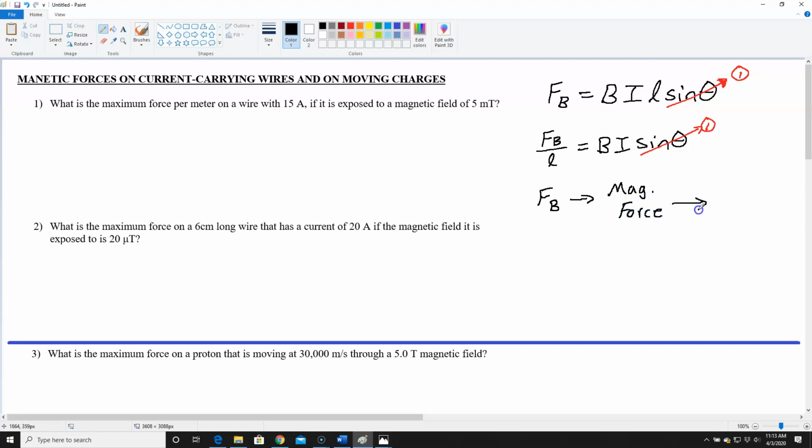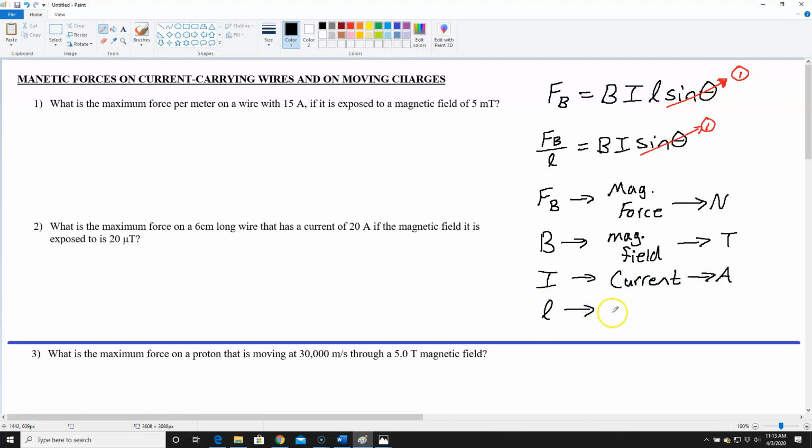All forces are measured in newtons. B, as you learned in the last video, is the magnetic field. Magnetic field is measured in Teslas. I is the current. What made the wire magnetic to begin with was having current in it. L is the length of the wire, and the length is in meters.